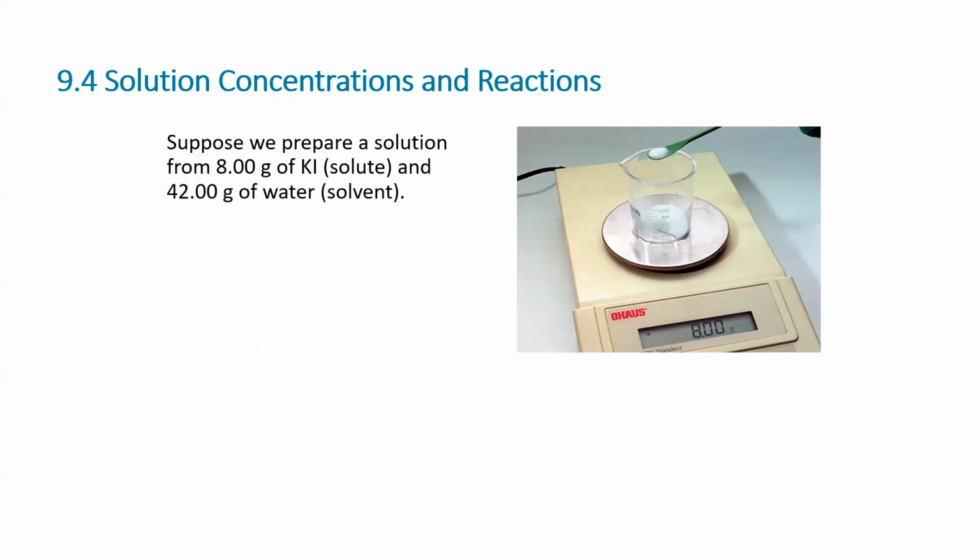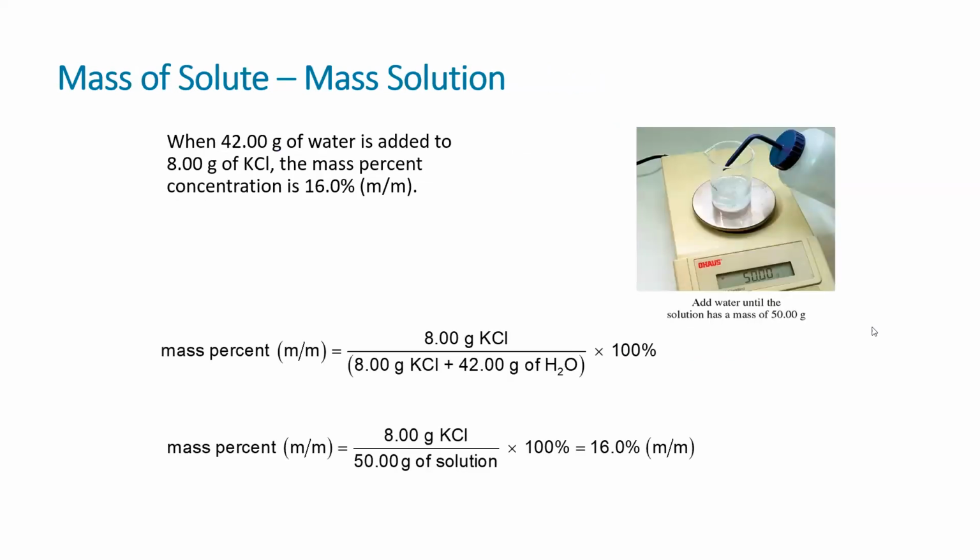So let's say that we are going to be preparing a solution of potassium iodide in water. We're going to start by weighing out 8.00 grams of potassium iodide. The potassium iodide is the solute. And then we're going to add 42 grams of water, and water is the solvent.